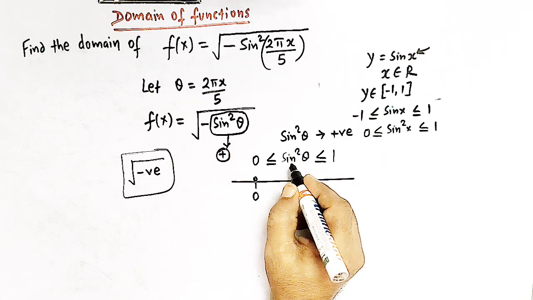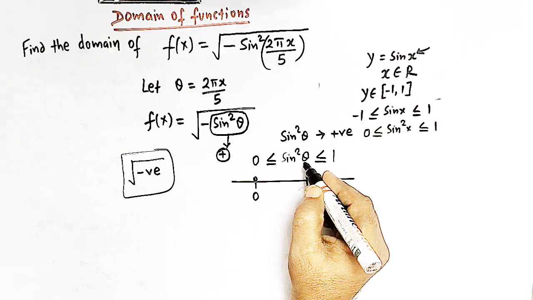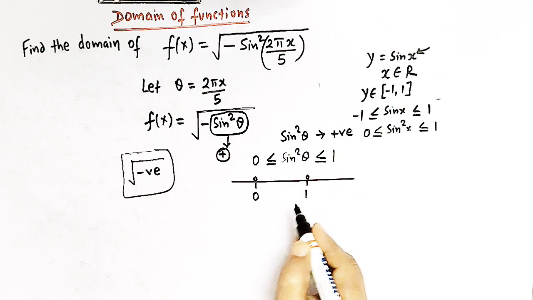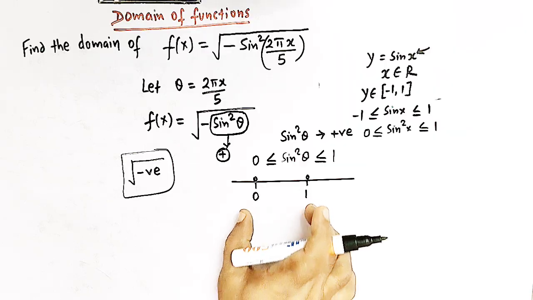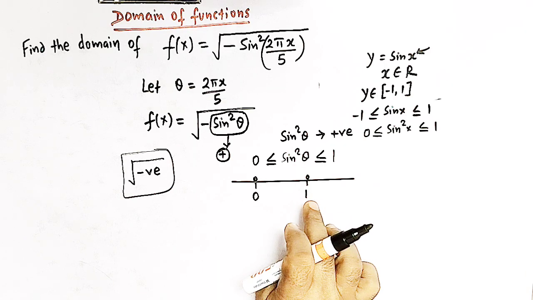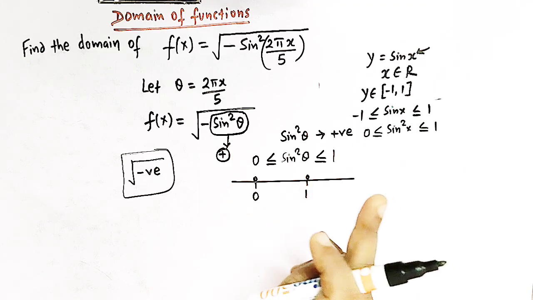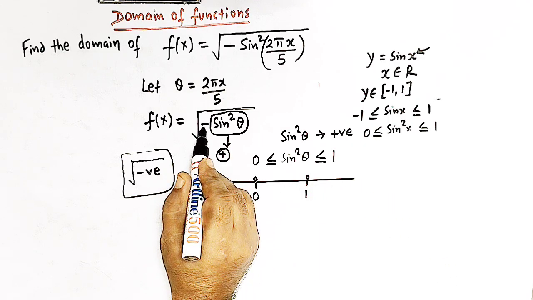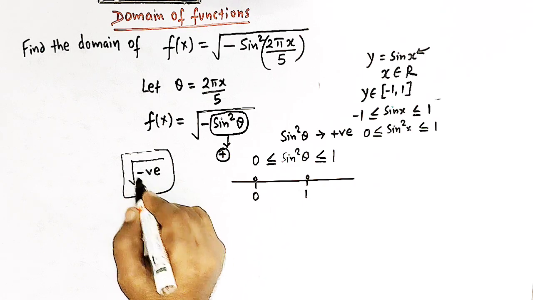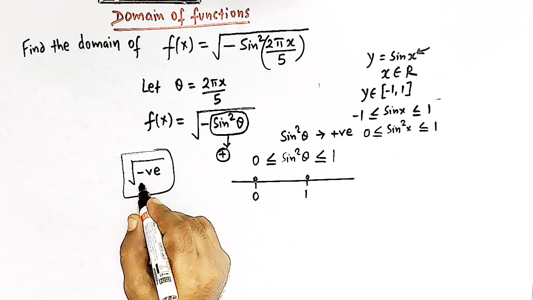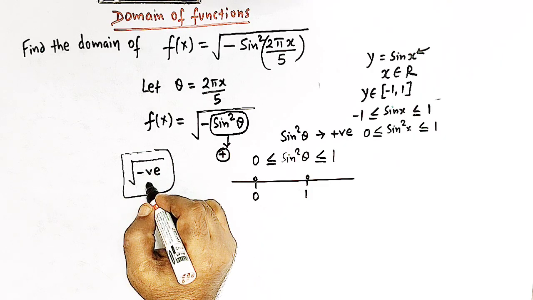So here we cannot take those values of sine square theta which lie between 0 and 1, because all the values lying between 0 and 1 except 0 and including 1 are positive, right? And that positive number, when multiplied with this negative sign, would become a negative number, and we have a negative number inside the square root sign, and in that case we have a complex number, right?